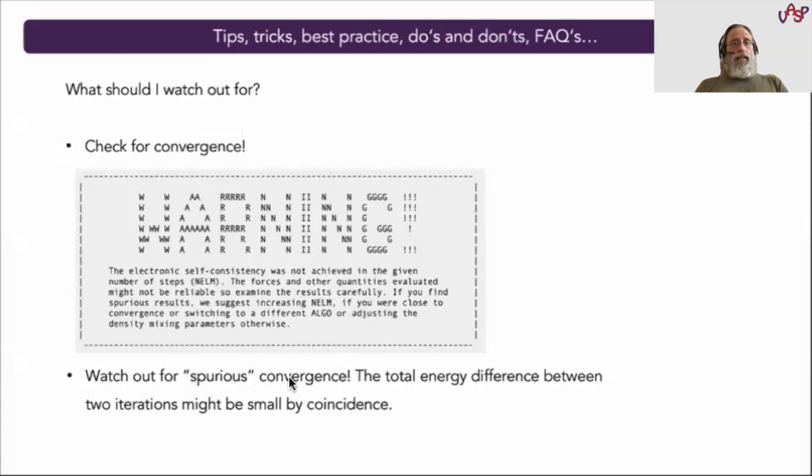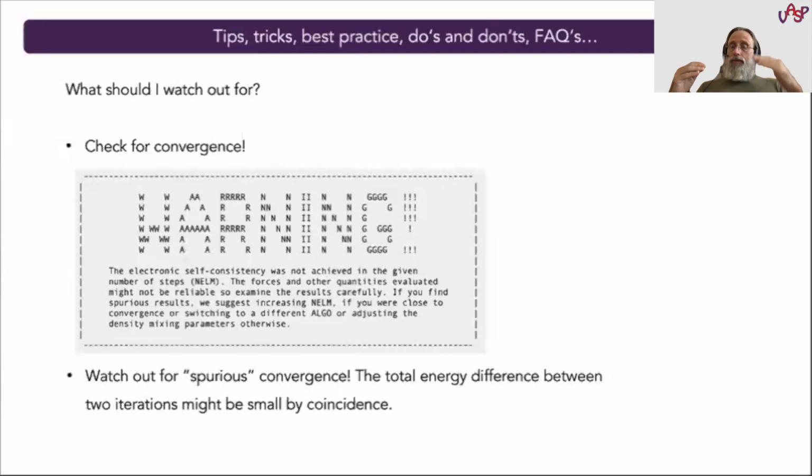And then one other thing is very important: watch out for spurious convergence. It might happen, especially if you're not converging exponentially, that from one step to the next you coincidentally make a very small change to the total energy. And the system will say, okay, I'm converged.